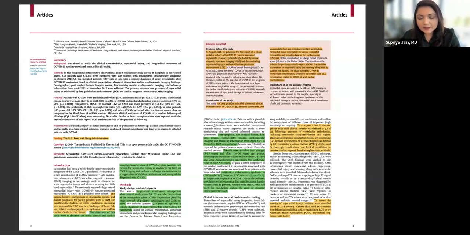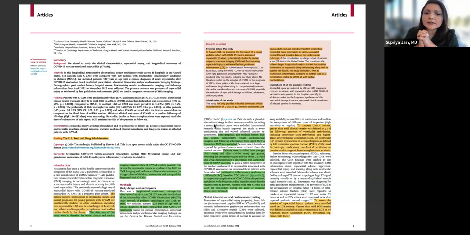And this led to an initial pilot series across at least 18 sites across the US. And we published in August 2021 the first report of patients with CVAM in the pediatric age group studied with cardiac MRI. Where we found a pretty impressive prevalence of LGE on CMR.